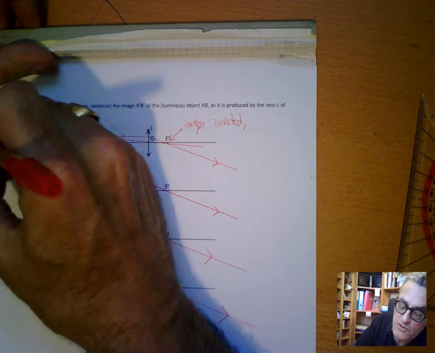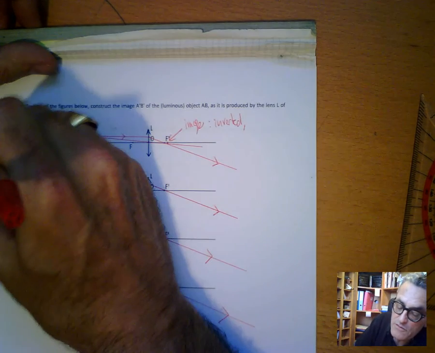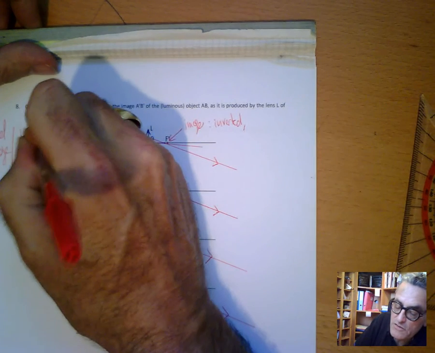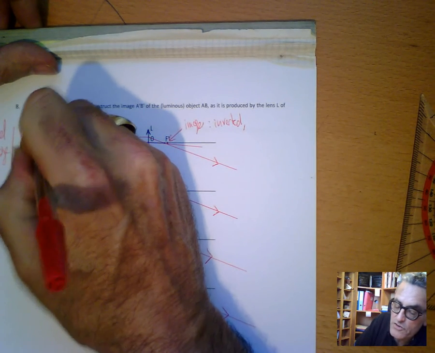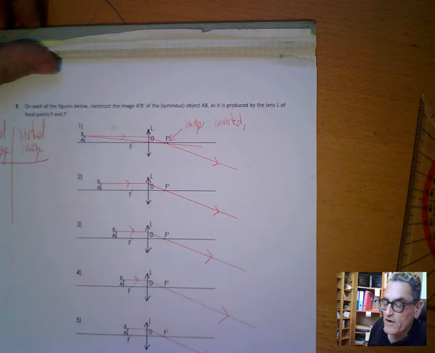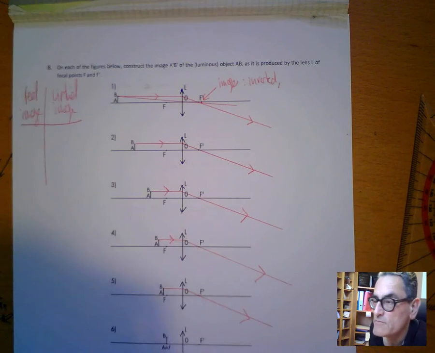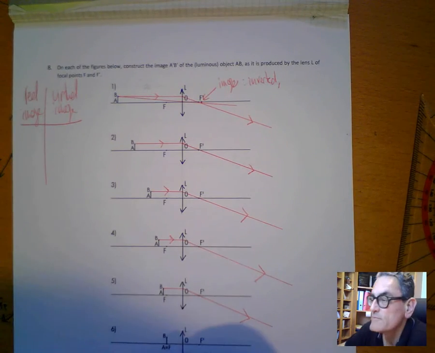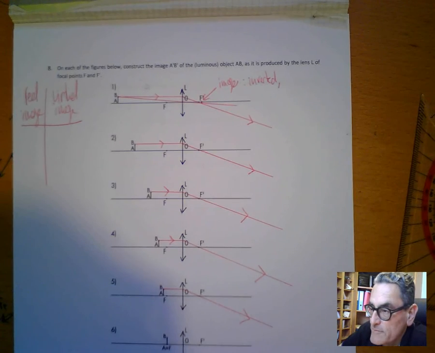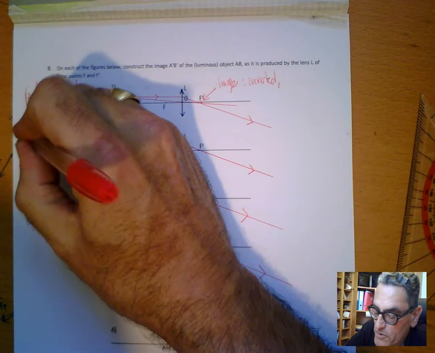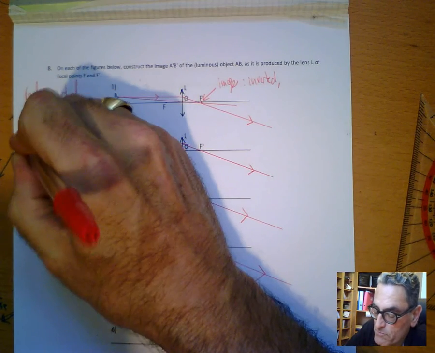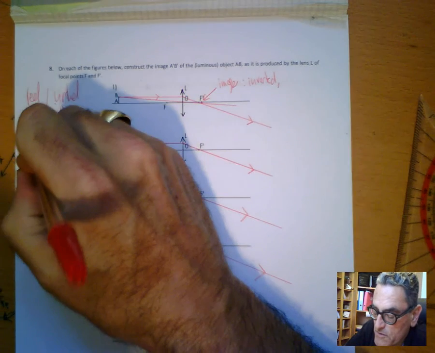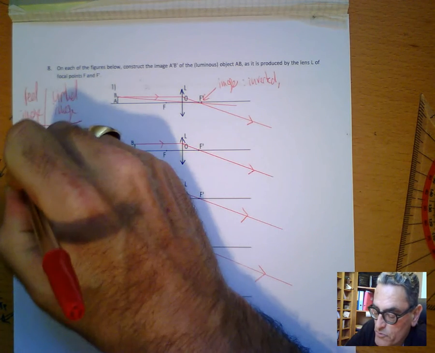A real image, virtual image. What defines a real image? You remember? No. A real image can be projected on a screen.